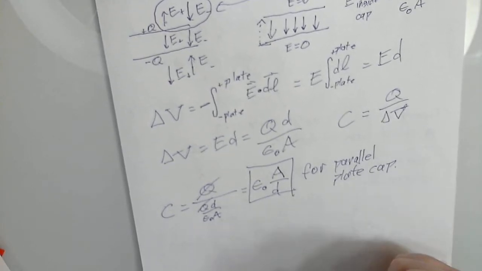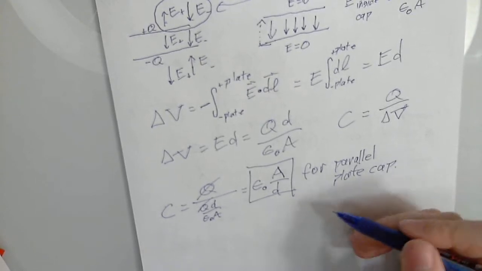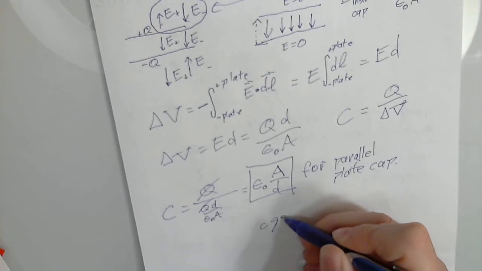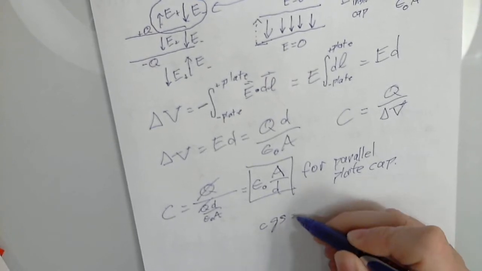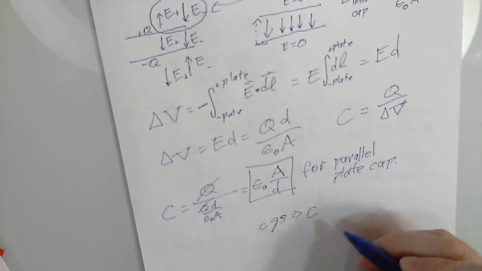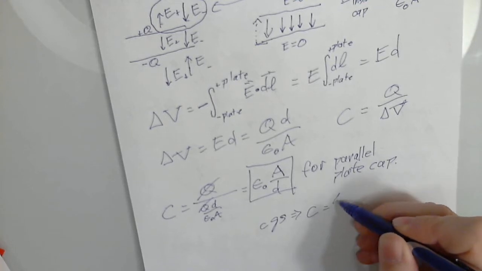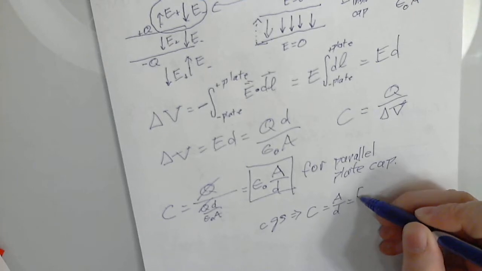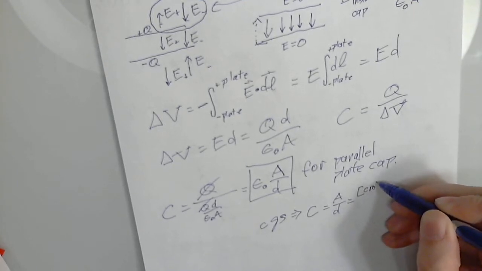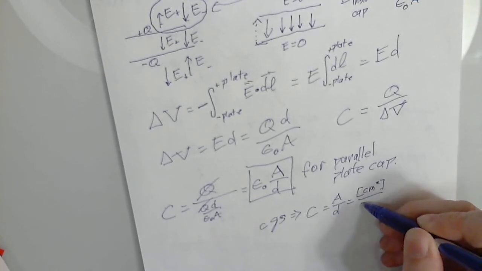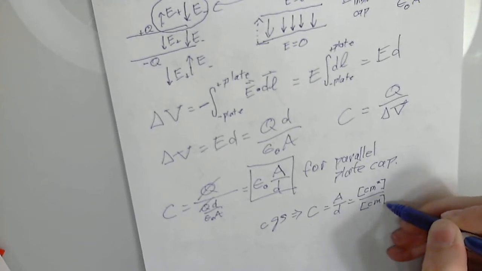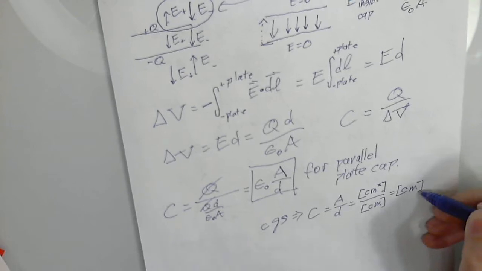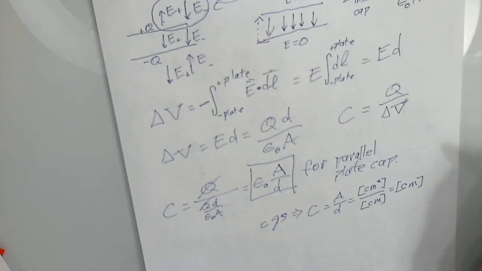All right. As I said, when you're thinking about the CGS system, if you carried out the same calculation in the CGS system, your value for the capacitance would simply be area divided by distance, and the units on that are, of course, area would be centimeters squared divided by centimeters, and so it makes sense that the units would be just centimeters for CGS capacitance.